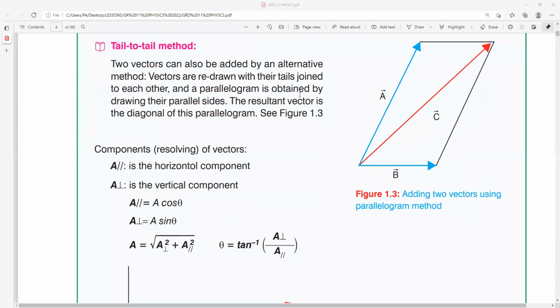First of all, let's show what parallel and perpendicular mean. If you have x and y axis like this, we are using, people, this is the x axis and y axis. So if you have a force here, let's just show.